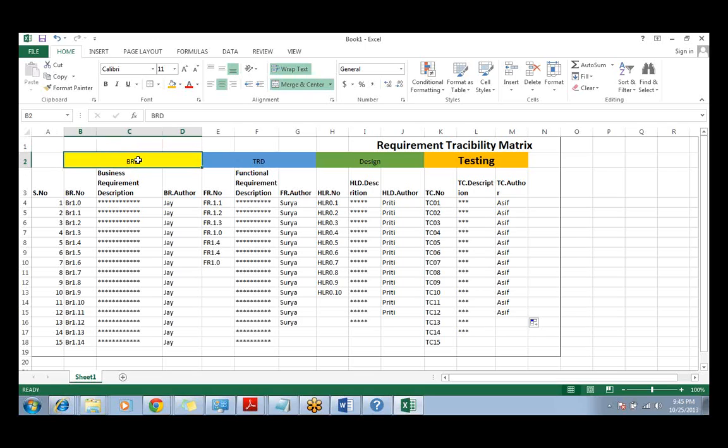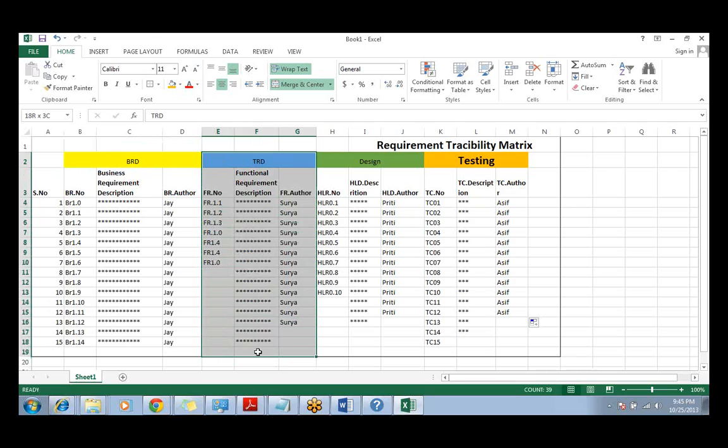Next, when your technical requirement team is working on the technical requirement document, they are going to work on this side piece of information, and these two will get populated side by side for your business requirement document and your technical requirement document.